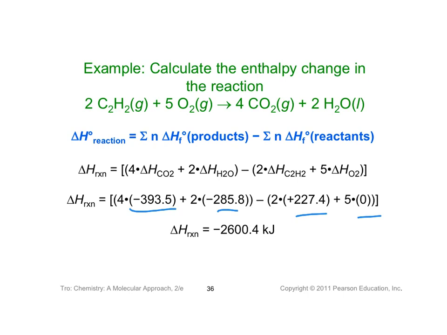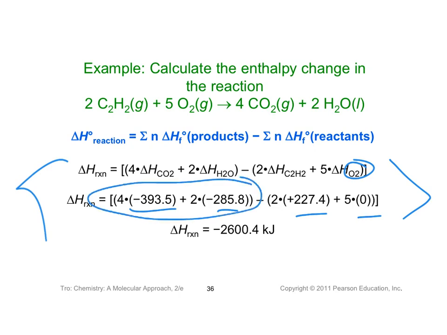Delta H of formation of any element or diatomic is always 0. And so here is Hess's law in action. These are products, right? These are reactants. So it's the summation of the products minus the summation of the reactants. You get that overall.